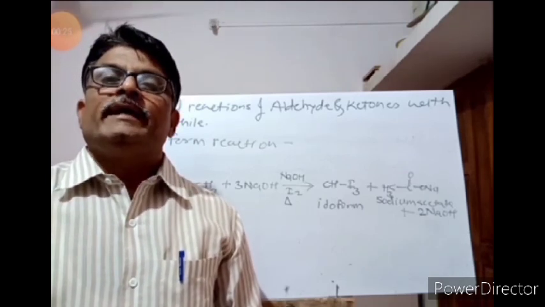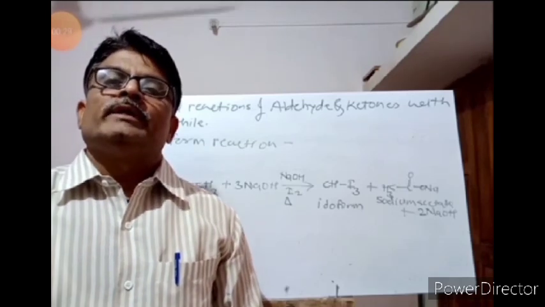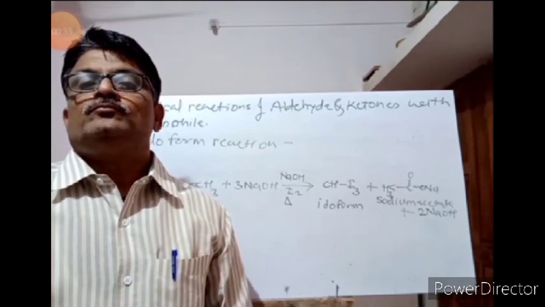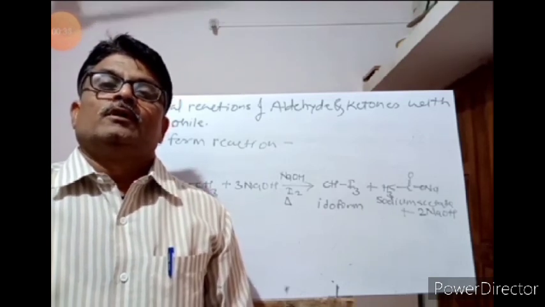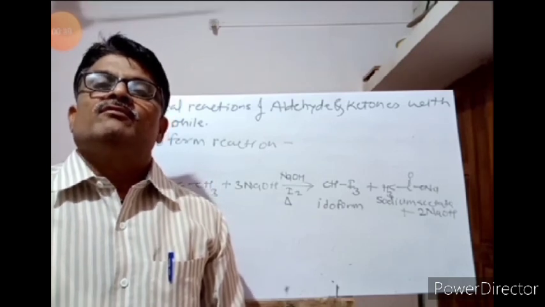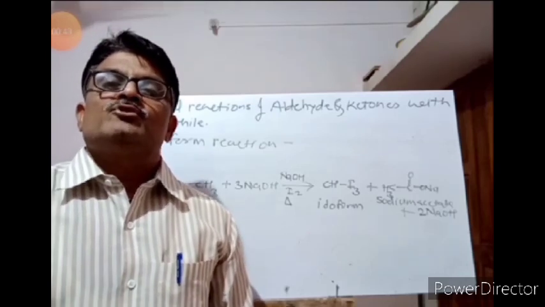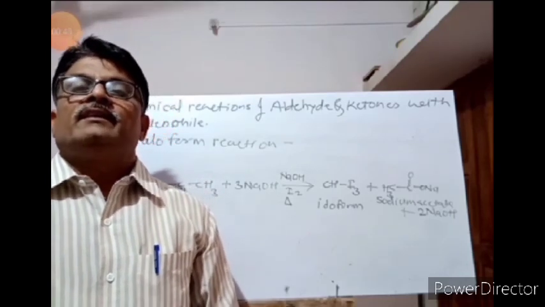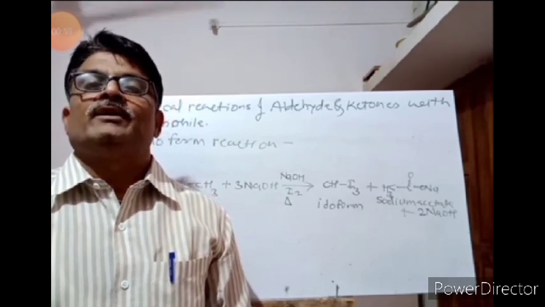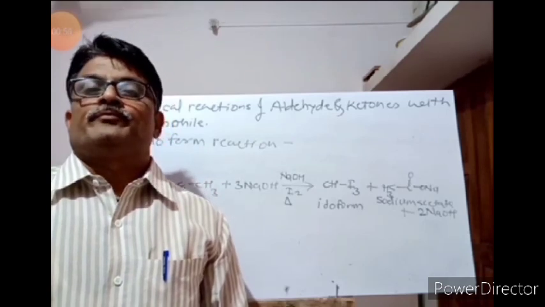When aldehyde, ketone or alcohol reacts with sodium hydroxide and iodine on heating, a yellow colored precipitate is formed, along with the sodium salt of a carboxylic acid containing one carbon atom less than the corresponding aldehyde, ketone or alcohol.